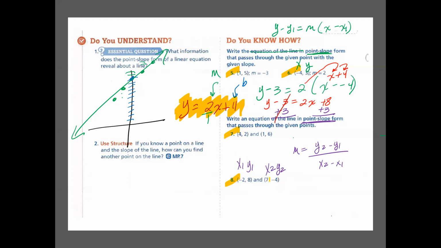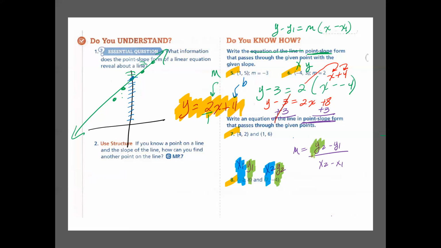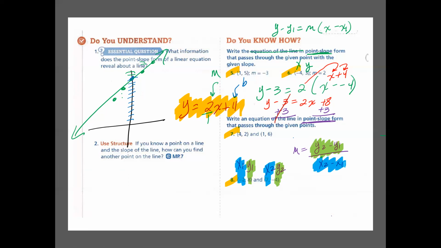I sometimes just like to highlight it so I can see a little bit better. So I have my y sub 2 minus my y sub 1, and then I have my x sub 2 minus my x sub 1. Keep in mind that your y's are the numerator and your x's are the denominator.